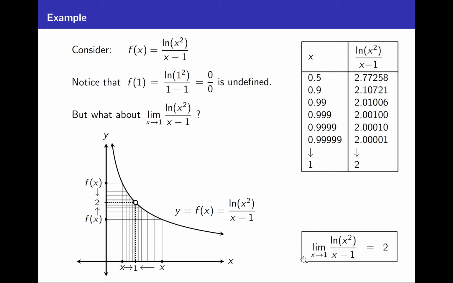And here we found that even though we can't plug in 1 to the function, we can take the limit as x approaches 1 of the function and get 2. So limits tell us about what happens to a function near a bad point. They give us information about how the function behaves around these bad points, like 1. And that's going to be very useful for us in calculus.